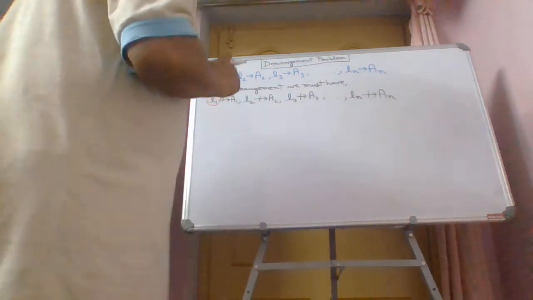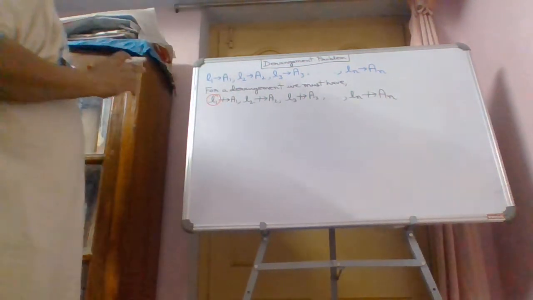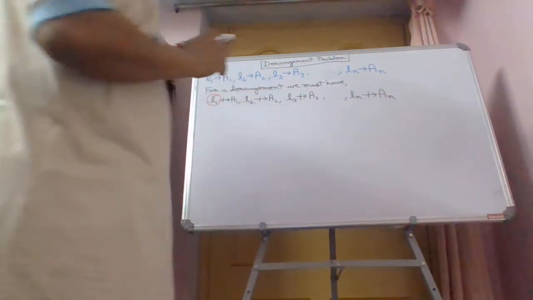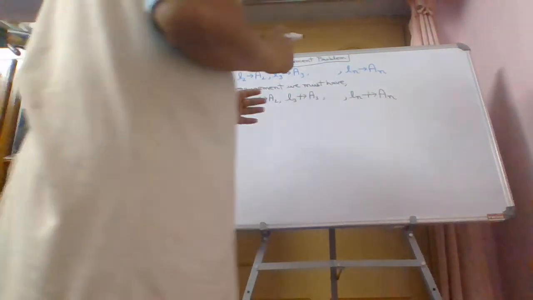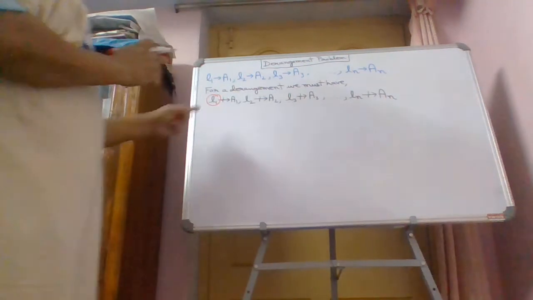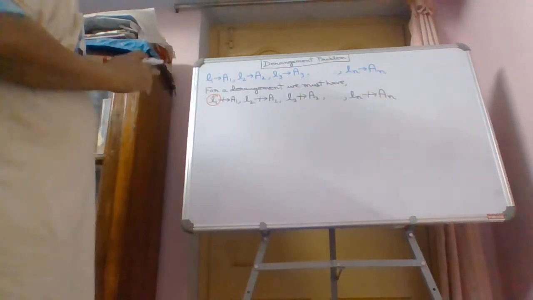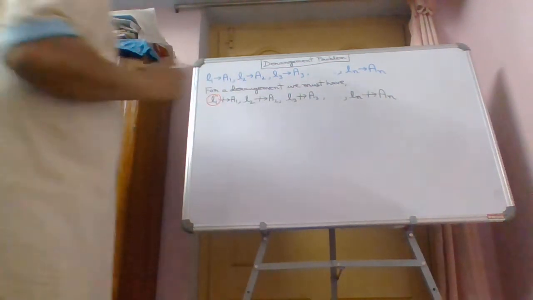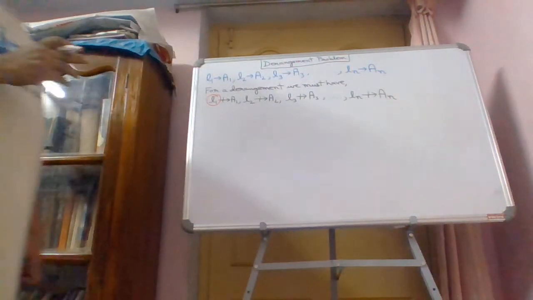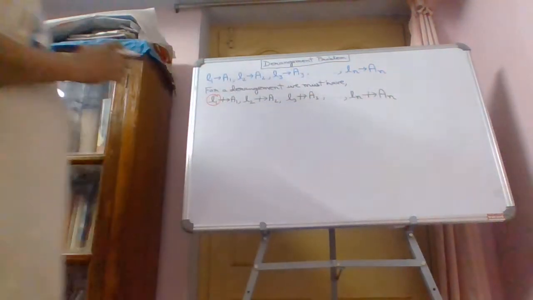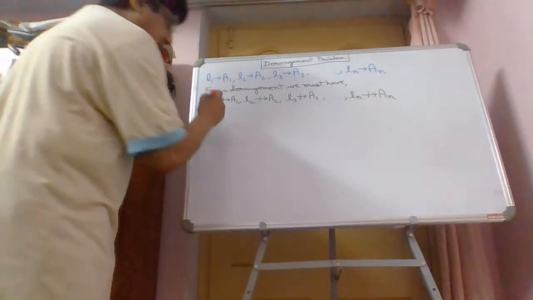L1 may interchange its destination with any one of the remaining n-1 letters, or else there is yet another possibility. In this case, L1 goes to some other address, but it does not interchange its destination with any one of the remaining n-1 letters. Yet we have a derangement. So, first of all, let us see case 1.